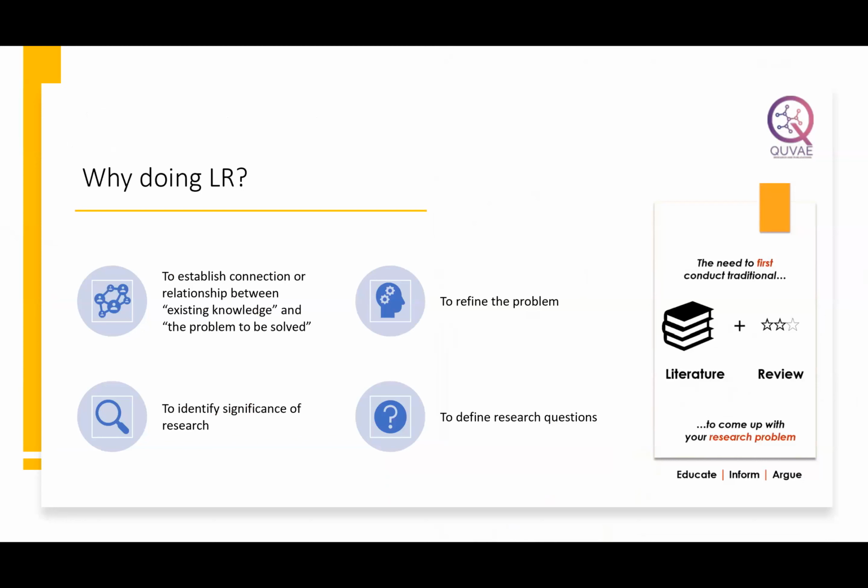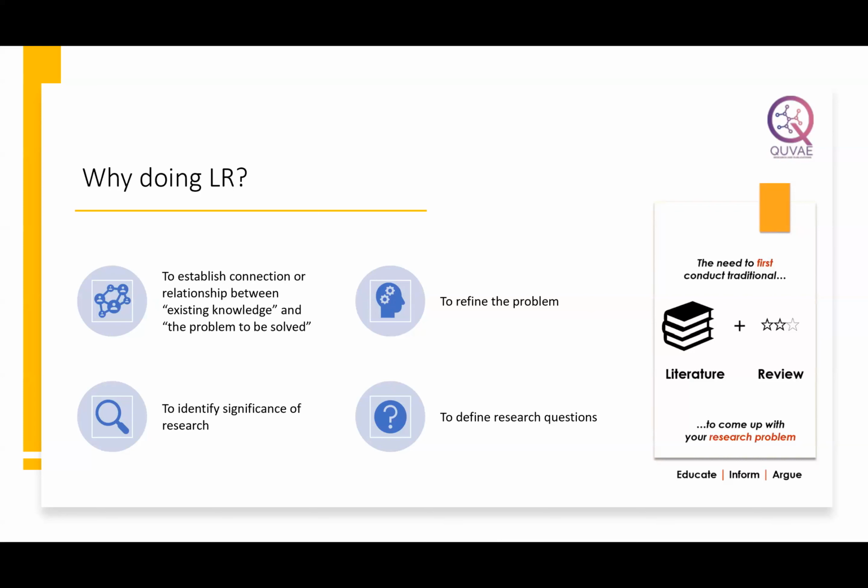And why we are actually doing LR. So why should we invest our time and effort in conducting the LR? Yeah. So one primary reason why we are conducting LR is first to establish a connection, okay, or relationship between existing knowledge and the problem to be solved. So in other words, it helps us to bridge the gap between what is already known and what we aim to discover, right?